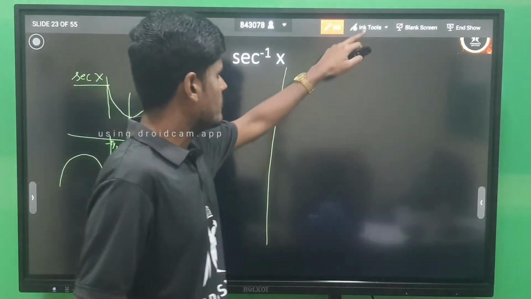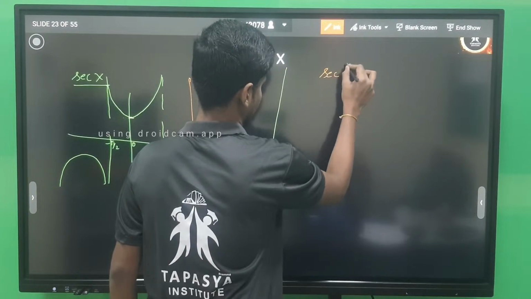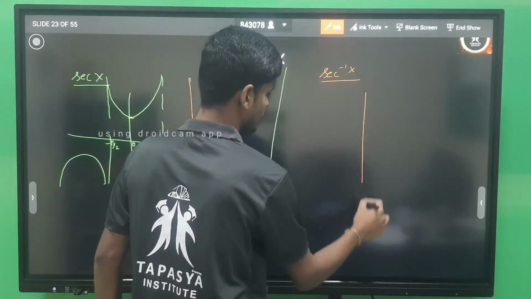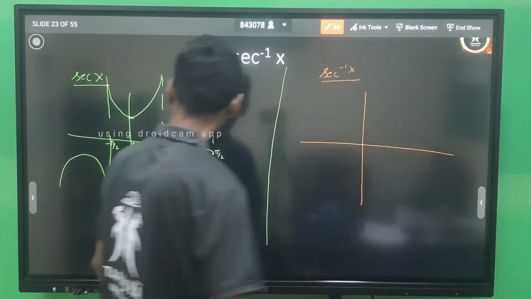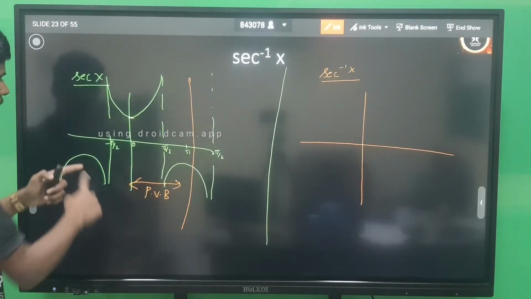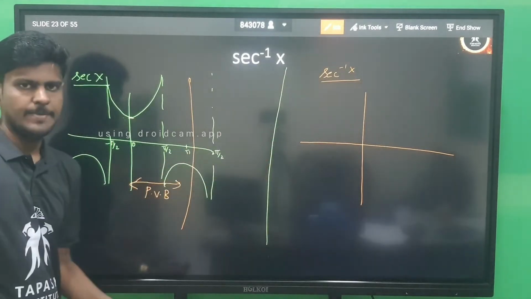Now, how to draw the graph of secant inverse x? What is the domain of secant x? Domain of secant x is all real numbers except odd multiple of pi by 2.